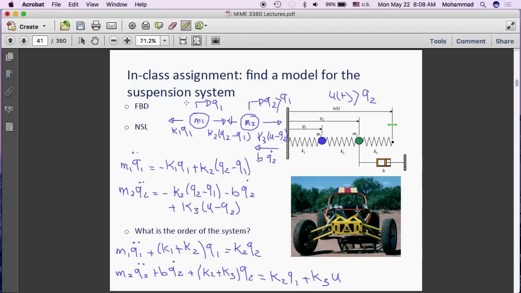How do you know that you need both of them? Why is one of them not sufficient, equation 1 or 2? If you call this equation 1 and this equation 2, my question to you is why equation 1 by itself is not sufficient to give me the motion of this system, in other words, to give me Q1 and Q2.